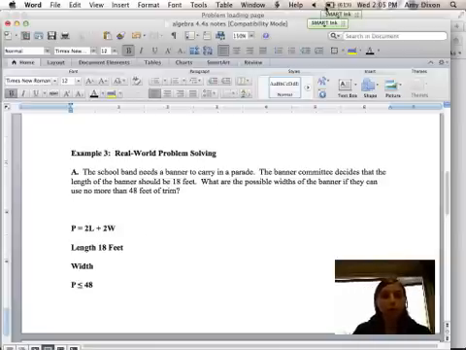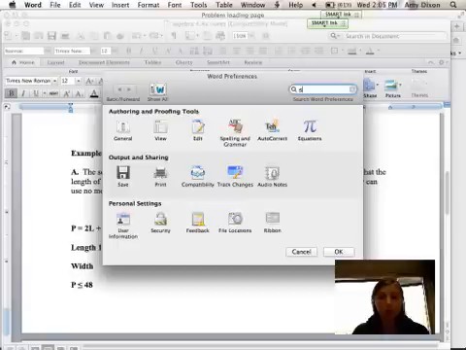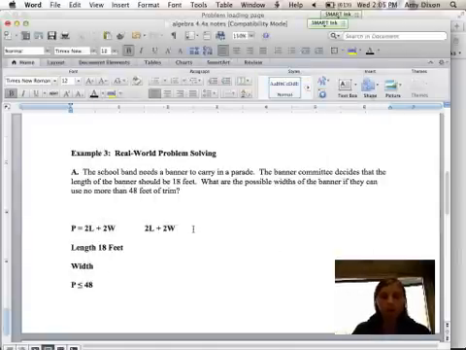So to figure out perimeter, we do 2L plus 2W. We know that that has to be less than or equal to 48.